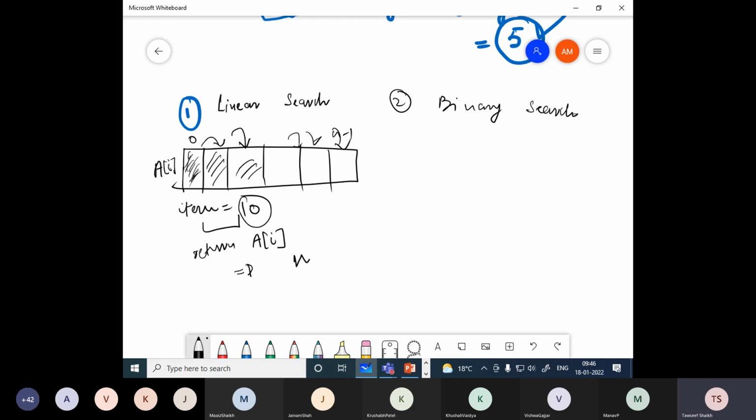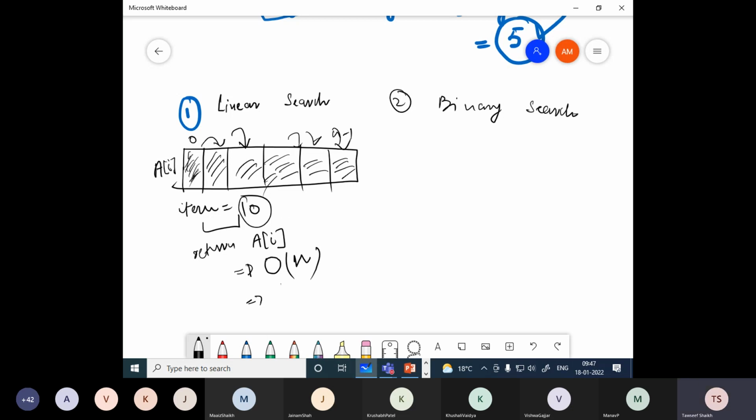If it has n memory locations, we cover each and every one. In the worst case, its time complexity will be big O of n, because in the worst case we have to cover every memory location.